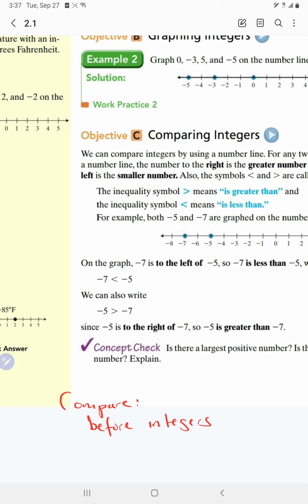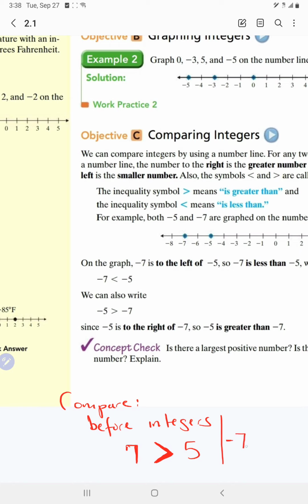If we compare 7 and 5, the 7 is larger, so we place the inequality sign with the opening towards the larger number. So 7 is larger.